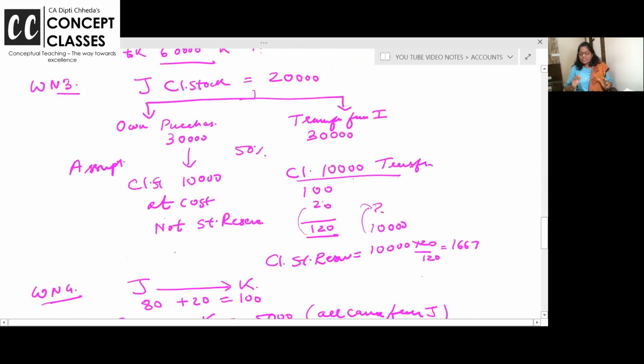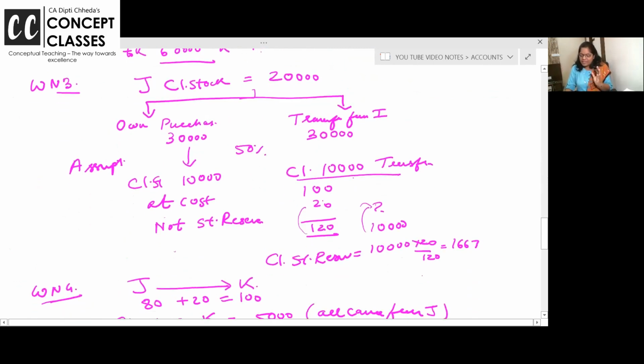What is the closing stock of J? 20,000. How much is own purchases along with labor? You know, first in, first out. So, जो closing stock है 20,000 वो तो latest purchase ही होगा. But our purchase from market along with the labor is 30,000. I hope no doubt in this figure.